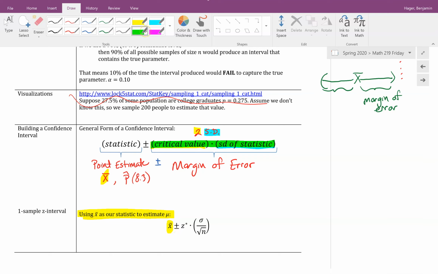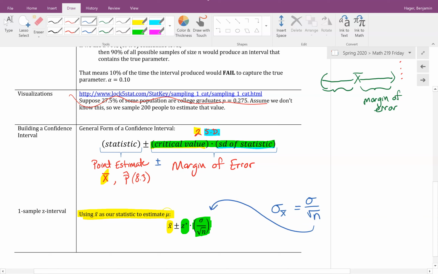And then I've got a critical value, which is going to be a z-score, and they label it z-star just to tell you that they're talking about a critical value that's being used in a confidence interval or a hypothesis test. So that's the reason for the little star there. And then the standard deviation, well, remember that according to the central limit theorem, the standard deviation for your sample means is the population standard deviation over the square root of n.